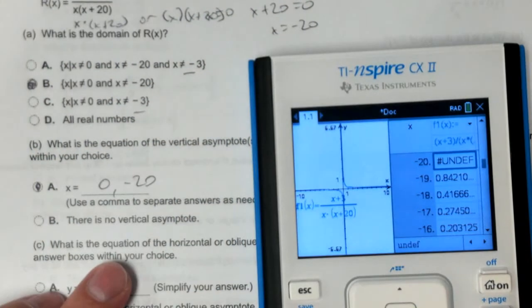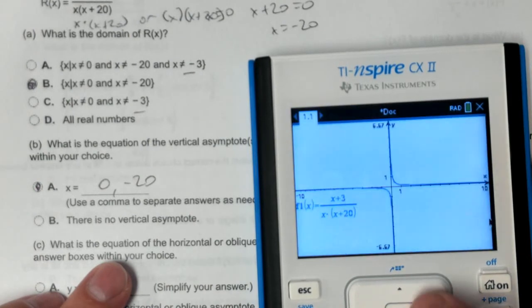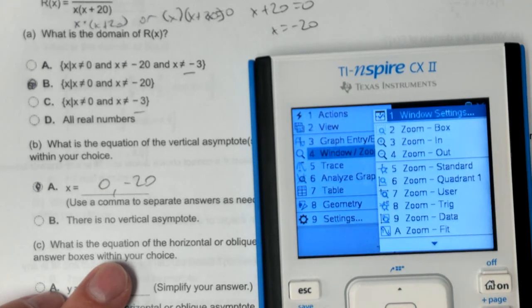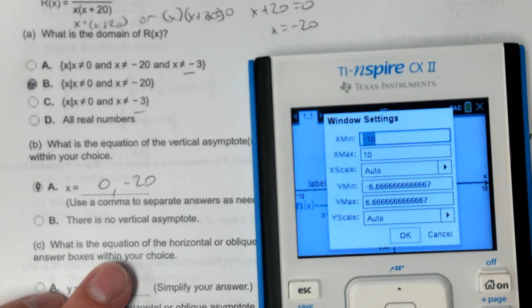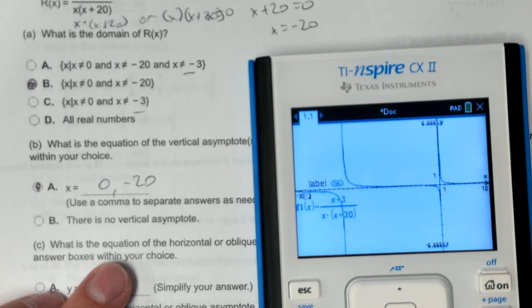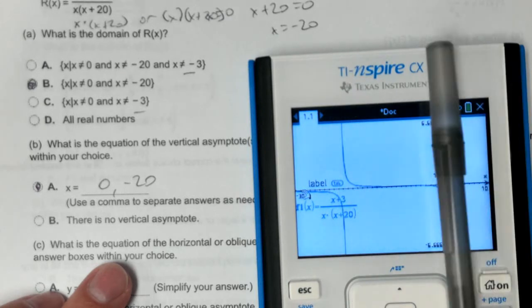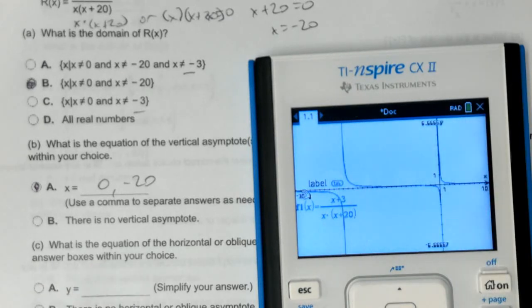We probably ought to expand this left side to negative 30. It's not letting me change that there, so I go to my window settings and make this negative 30 for now. And then you can see that negative 20 was a vertical asymptote and 0 was.